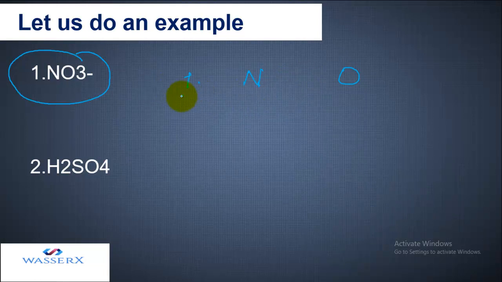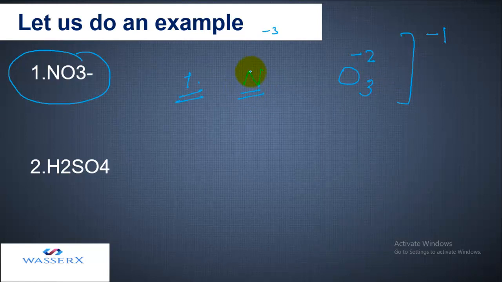Now let's write their oxidation states as per the rules we did. For nitrogen, we know that the oxidation state is going to be -3, right? And for oxygen, it is going to be -2. And the overall charge on them is -1. And it is NO3, but I'm not confirmed about N.